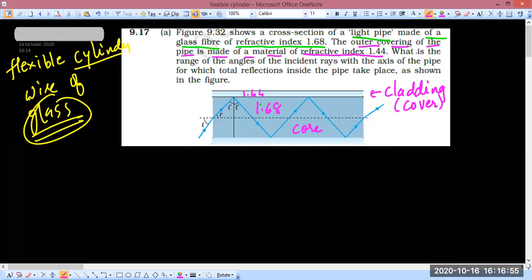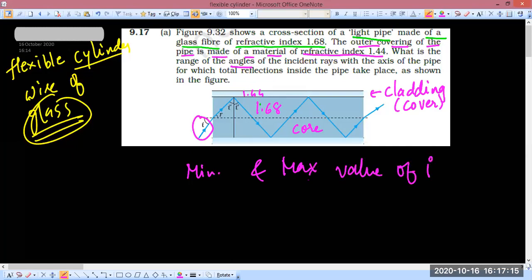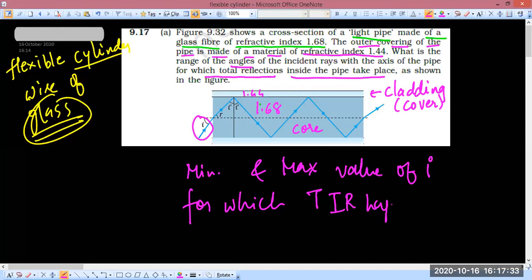Okay, so what is the range of angle? We have to find what is the minimum value and the maximum value of the angle of incident ray, that is I that I have shown. So we have to find the minimum and maximum value of I for which total internal reflection inside the pipe takes place, okay, for which TIR happens.